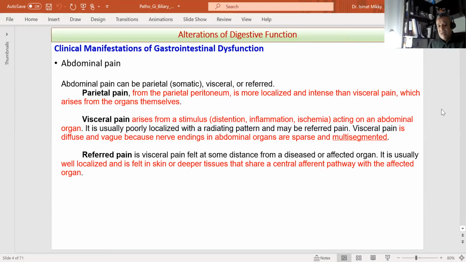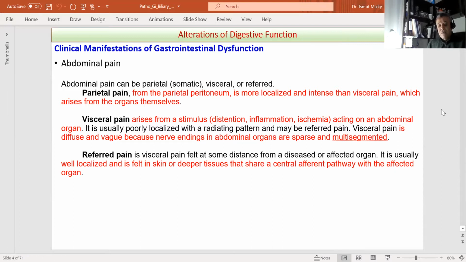Referred pain, as the slide says, is usually well localized and felt in skin or deeper tissues that share the central afferent pathway with the affected organ.